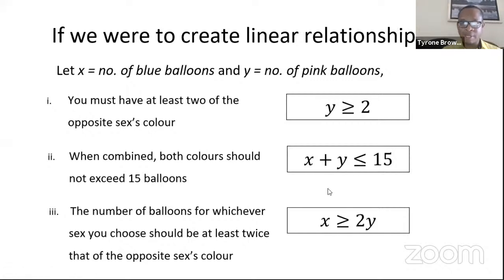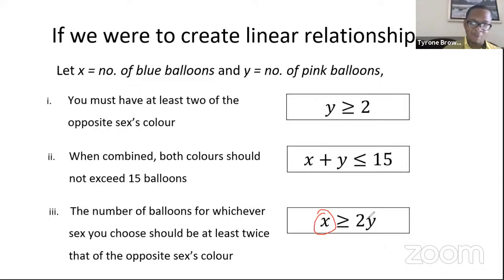Let me annotate a little bit so that we can understand what we're talking about. So this is the number of blue balloons, right? And we're saying that number must be at least 2 times the number of girl balloons or pink balloons. Does this make sense?